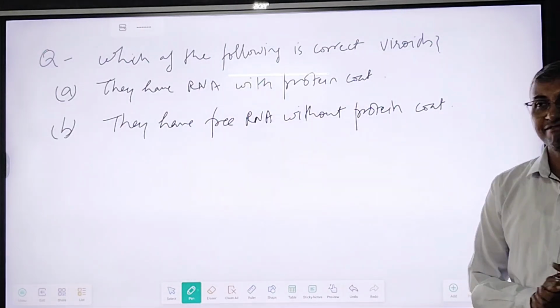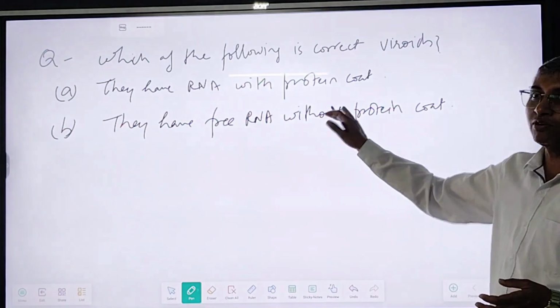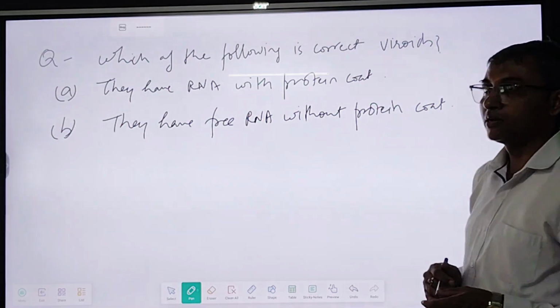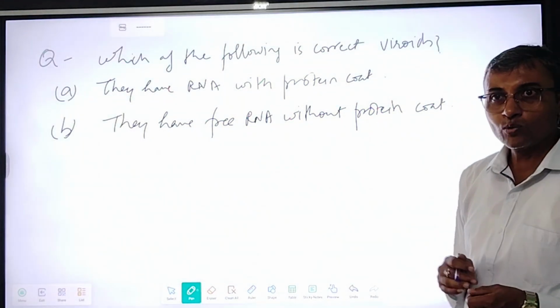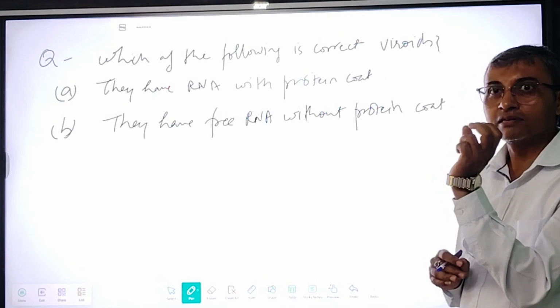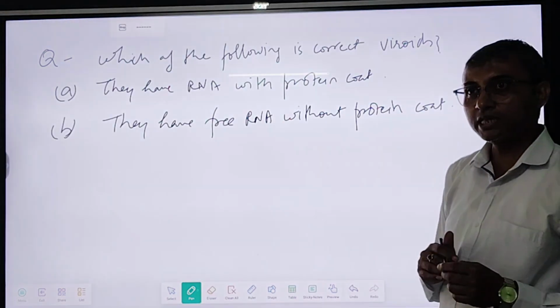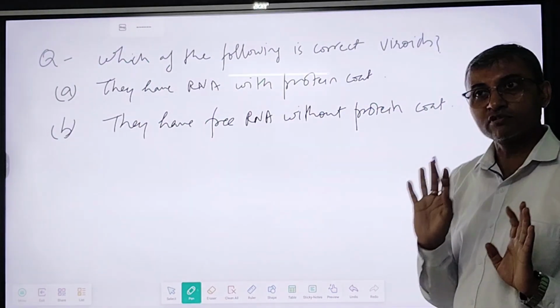This is correct. Yes, if they are having only the genetic material, that is the RNA, then that will be known as viroids. And what about the prions? They are the proteins. Differentially folded proteins, only proteins, are called prions. So that we have to remember.